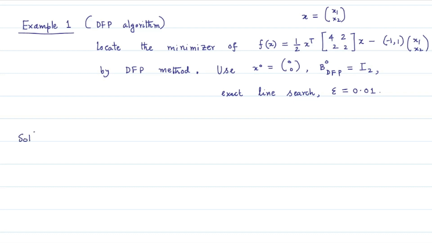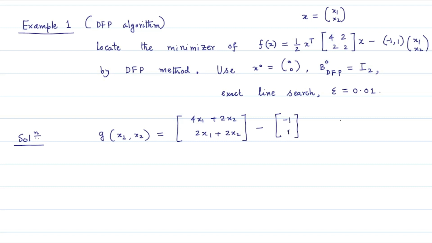Now to compute the DFP iteration sequence xk's, you notice that we need to compute at every iteration the gradient of the function f. For a general point x1, x2, the gradient of the function f is given by this expression. Now let us go for the iteration.